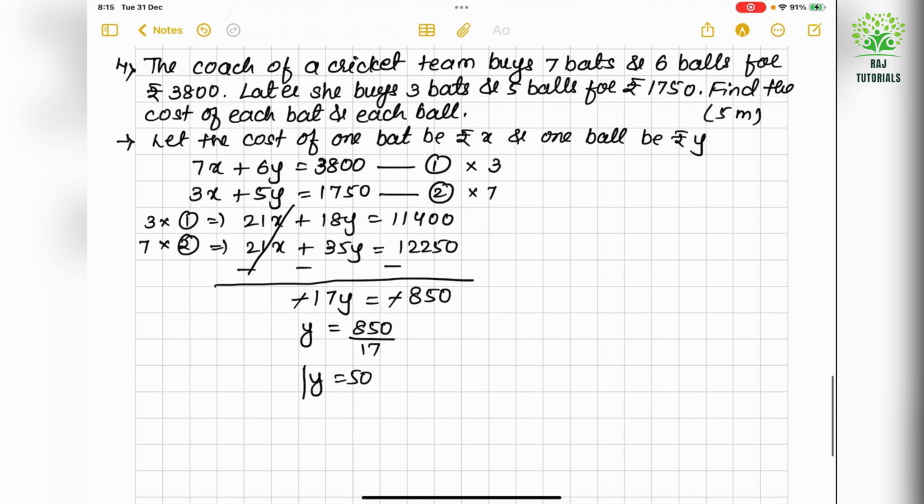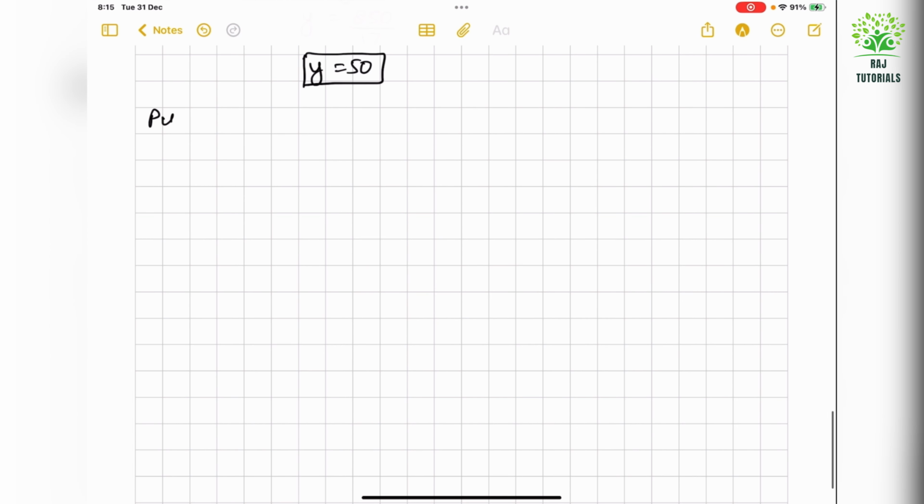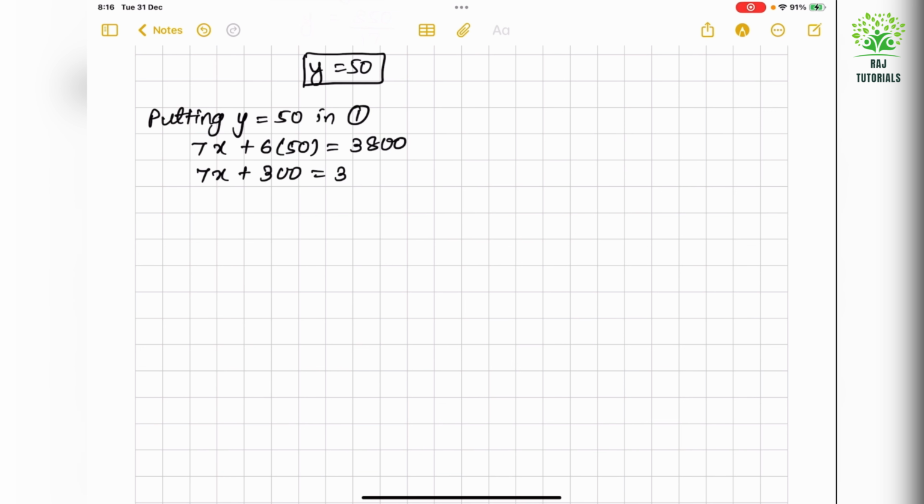Now I got y equal to 50, putting y equal to 50 in 1, I will get 7x plus 6 into 50 equal to 3800. So 7x plus 300 equal to 3800. So 7x equal to 3500.